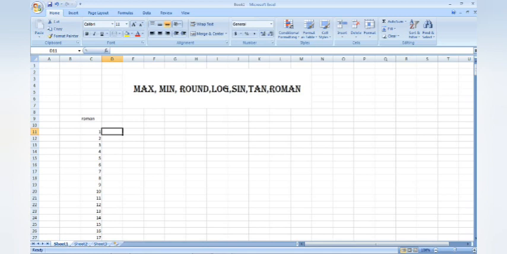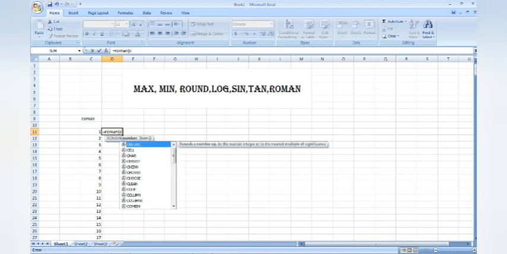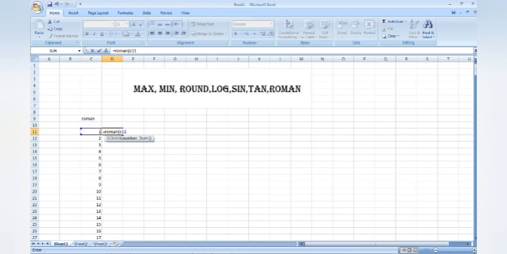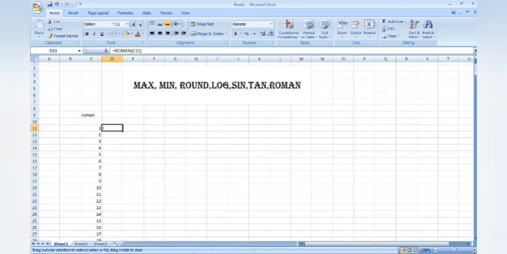So now let's convert this numeric to Roman figures. The formula is simple, equals ROMAN, bracket open, your cell address. In here the cell address is C11. You close your bracket, hit your enter key. So now in the Roman figure, 1 is I, so just drag it down to see how it works.